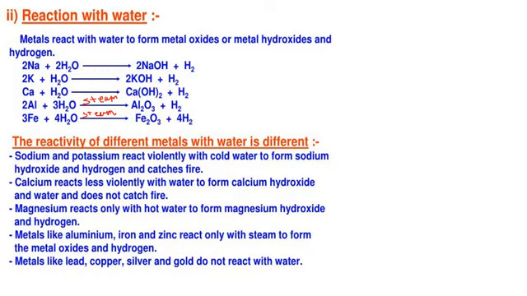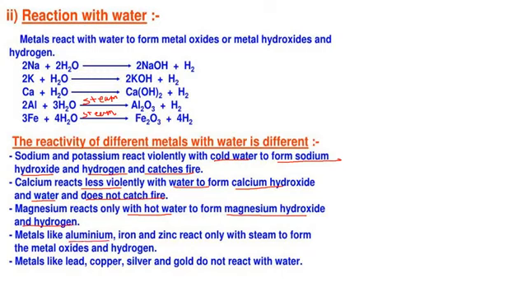Sodium and potassium react violently with cold water to form sodium hydroxide and hydrogen and catch fire. Calcium reacts less violently with water to form calcium hydroxide and hydrogen and does not catch fire. Magnesium reacts only with hot water to form magnesium hydroxide and hydrogen gas.